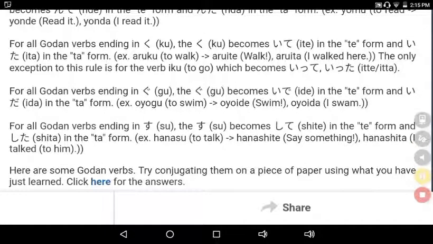For all Godan verbs ending in ku, the ku becomes ite in the te form and ita in the ta form. Example, aruku, to walk, aruite, walk, aruita, I walked. The only exception to this rule is the verb iku, to go, which becomes itte and itta, I guess.